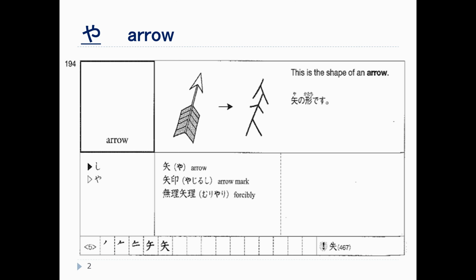So we are going to start at the top with ichi, ni, san, yon, go. So this is ya, meaning arrow.